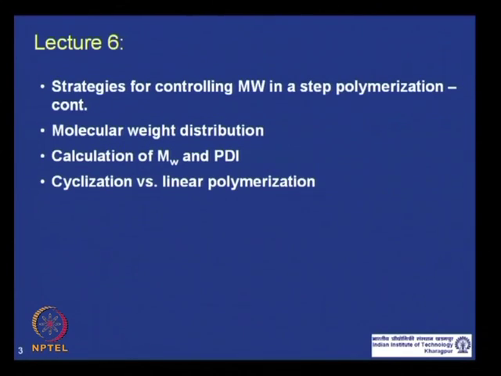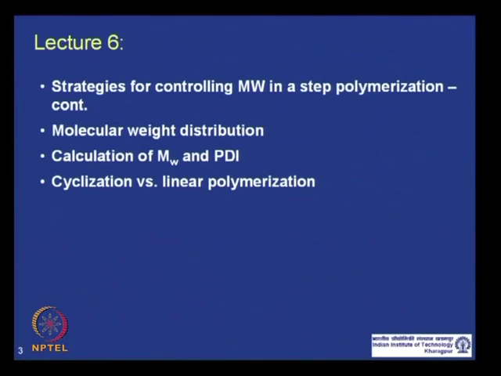And then we will also learn the molecular weight distribution among the chains which are formed in step polymerization, and then calculate the average molecular weight and polydispersity index, and then at the end we will compare cyclization and linear polymerization.